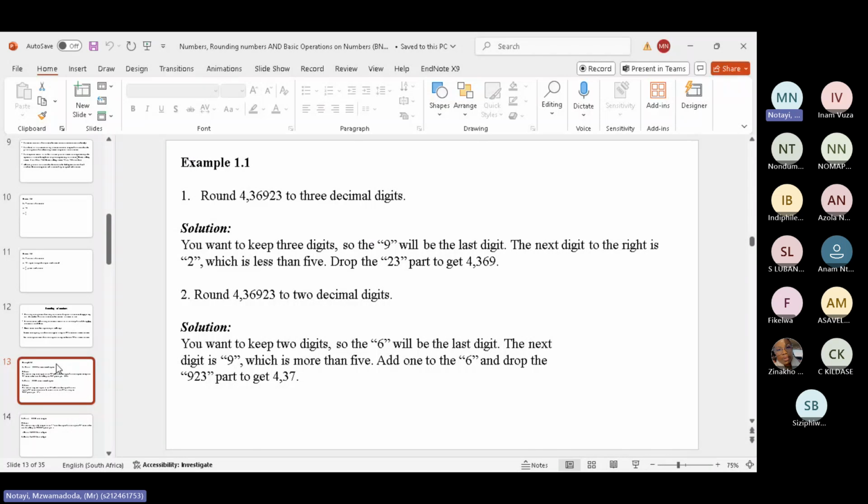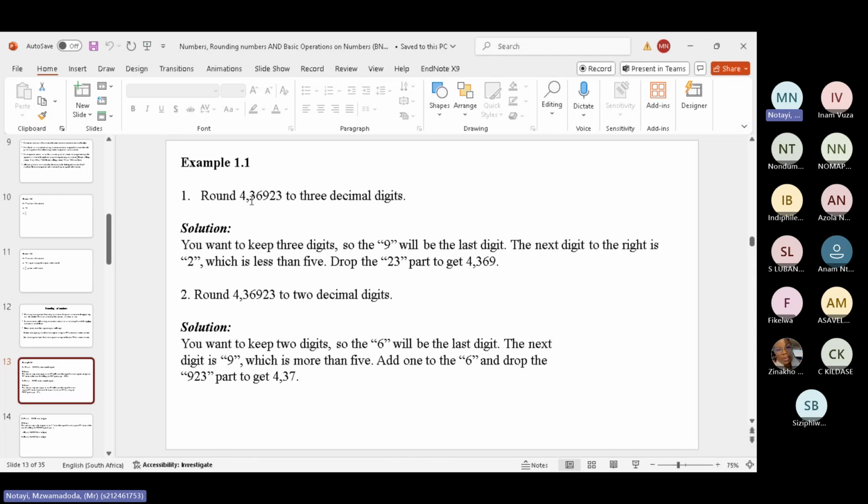Okay, an example is given that we should round 4.36925 to 3 decimal places. So you want to keep 3 digits, so the 9 will be the last digit. So we have 4.369.